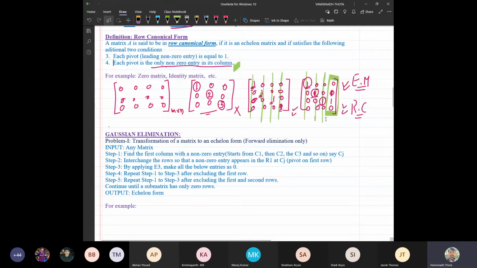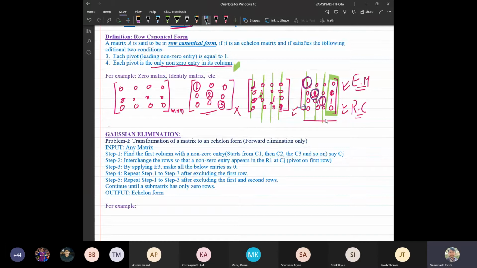For the last matrix, what are the pivot entries? This is one pivot entry, this is another pivot entry, and this is another pivot entry. In the last row, do we have any pivot entries? No, we do not.